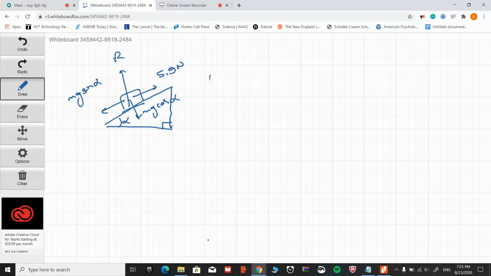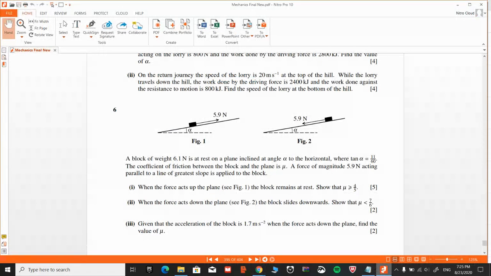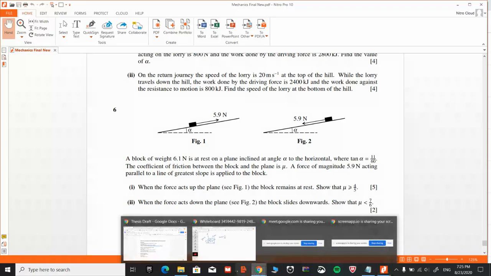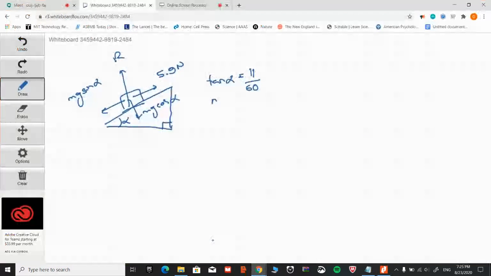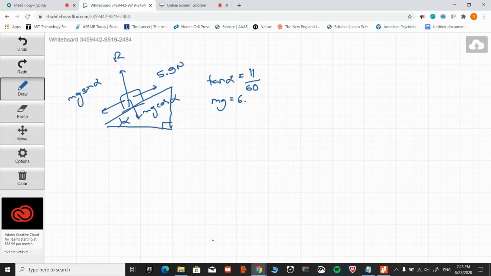Now, what else do we know? We know that tan alpha is equal to 11 by 60. We also know that the weight is 6.1. All right. We also know that mg is equal to 6.1.